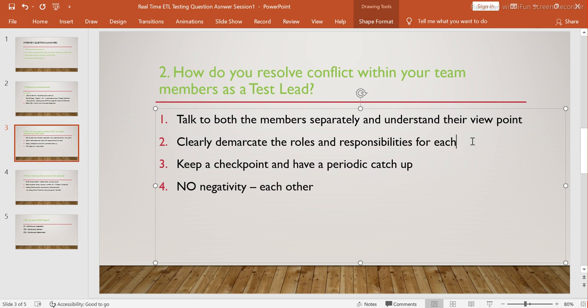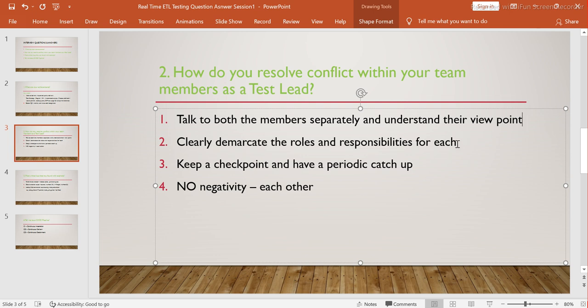So as a lead you have to make sure that you clearly define their roles and responsibilities and demarcate the area of testing, the work that they have to do, right? And then keep a checkpoint. Once you define this, take both of them into a meeting and say, okay, this is how it is.